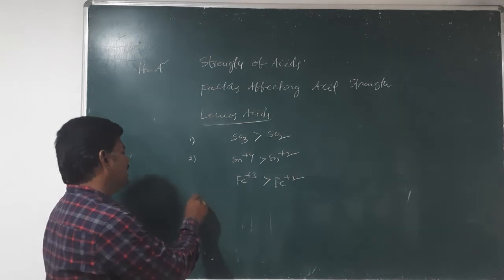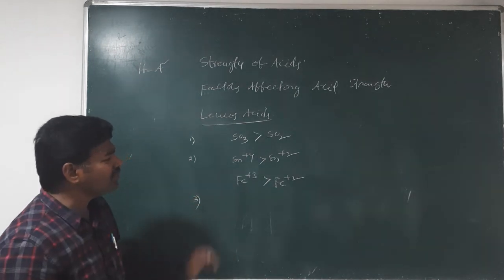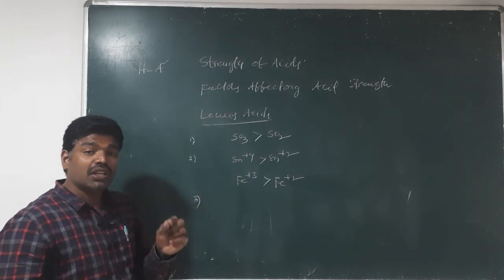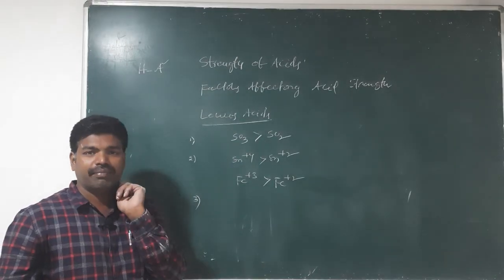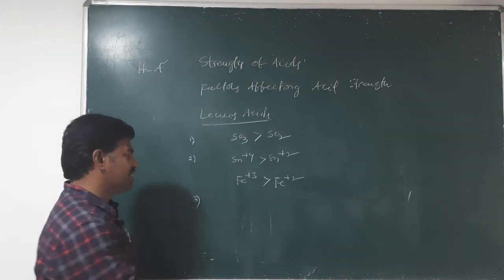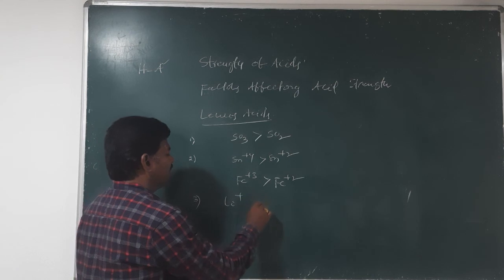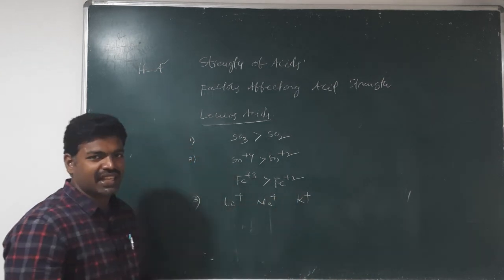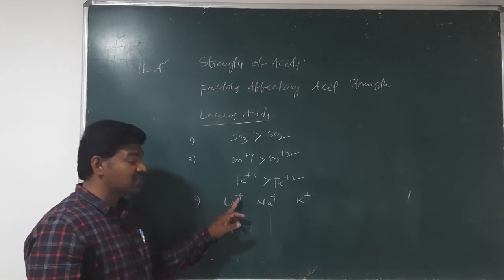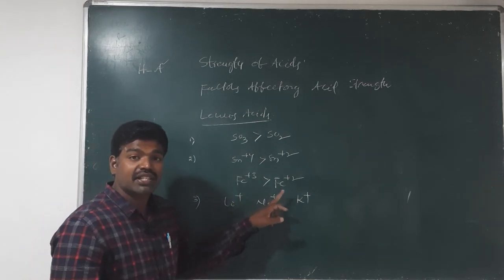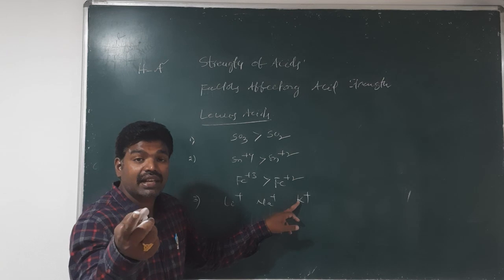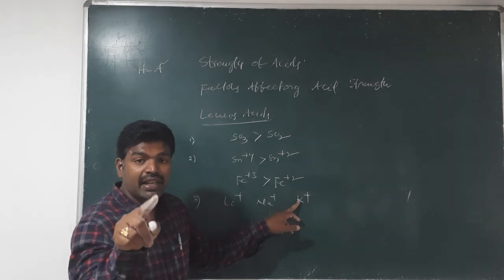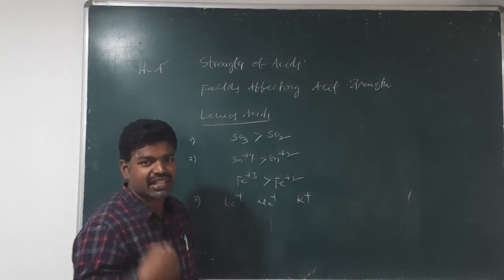And the third one is, if the charge on the ions is the same, for example, Li+, Na+ and K+, what happens in this case? If the charge on the ions is the same, then a decrease in the ionic radius increases the Lewis acidic strength.